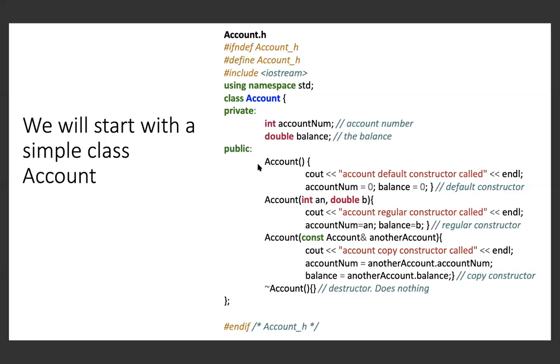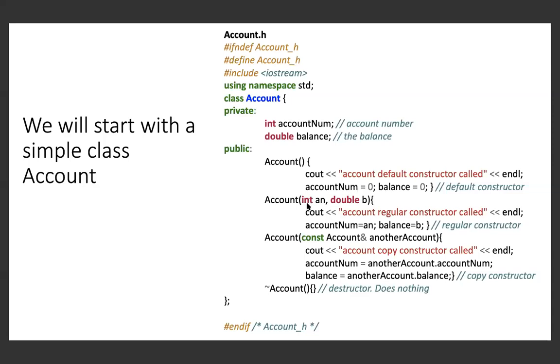You do not define a return type for it. That's how you define a constructor. However, it can be a default constructor, which in this case does not have any parameters. It can be a regular constructor, which can have parameters. And you can have multiple regular constructors as well.